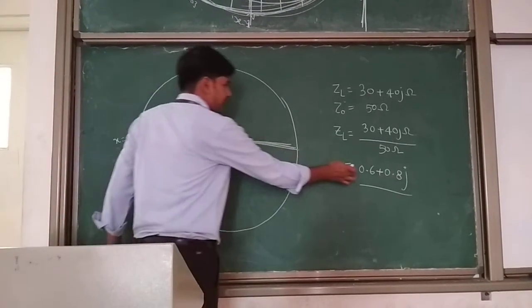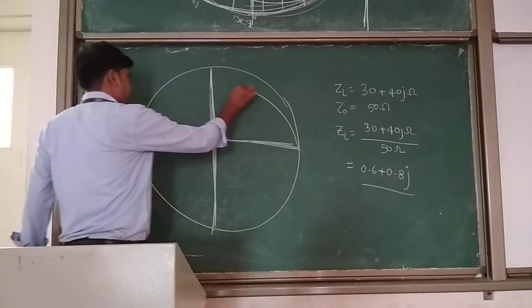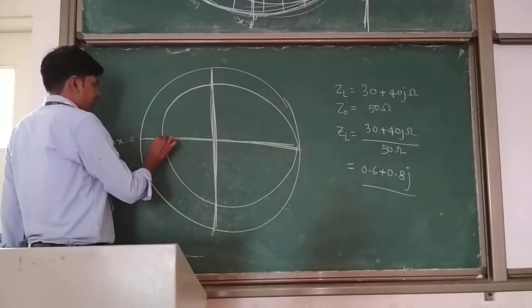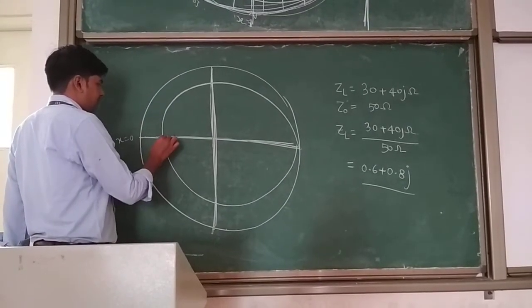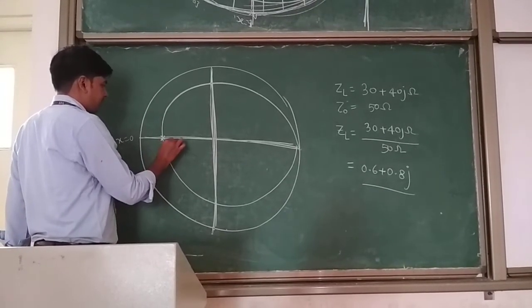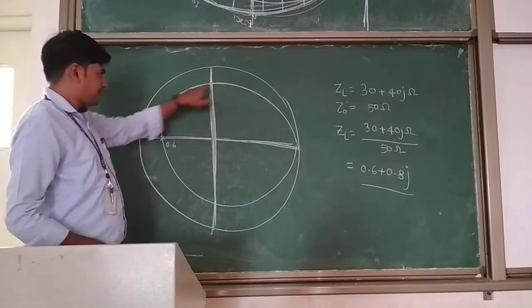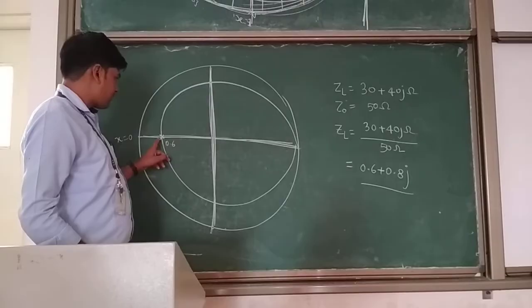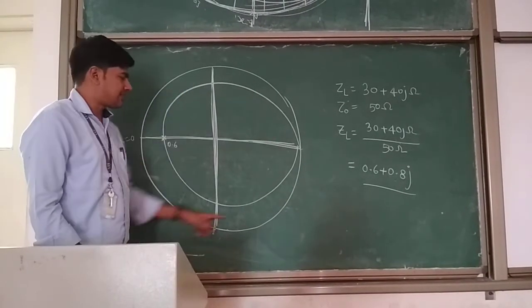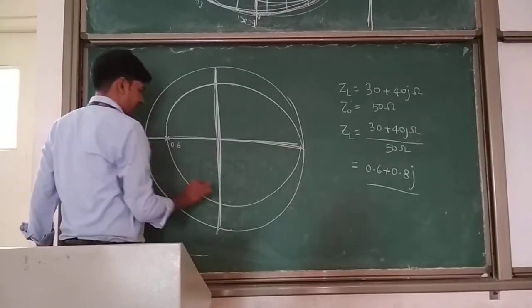First of all, you have to find this 0.6 resistance circle, which is given on a Smith chart. Let us say this point is 0.6. So the resistance circle which is passing through 0.6 here will be considered as the resistance circle for this point. The point can be anywhere on this circle.